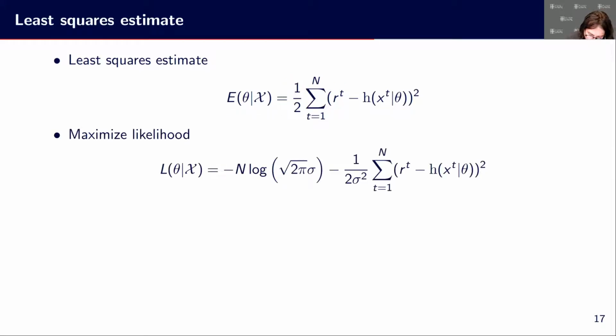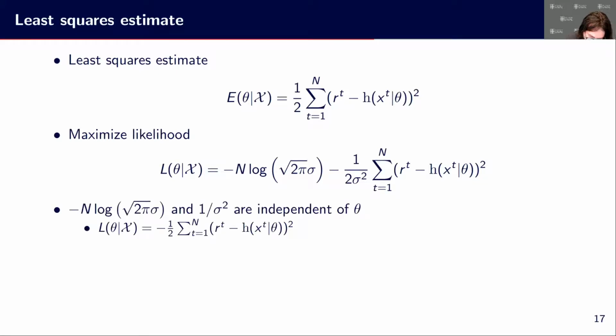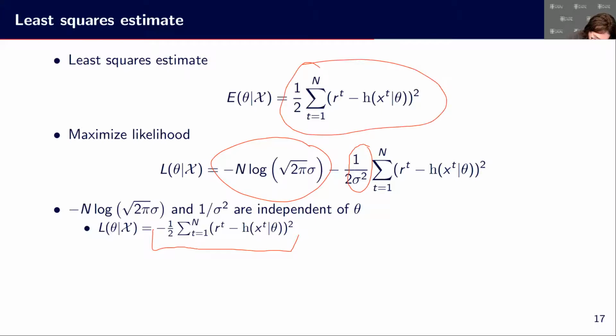And so we have the maximum likelihood, which is what we had before. Given that n log of the square root of 2 pi sigma, and 1 over sigma squared, are both independent of theta, we don't care, theta is not there, these are constants. We can simplify the likelihood function here, given that we are looking basically at theta as this thing, which is quite the same as that thing up to the minus sign.